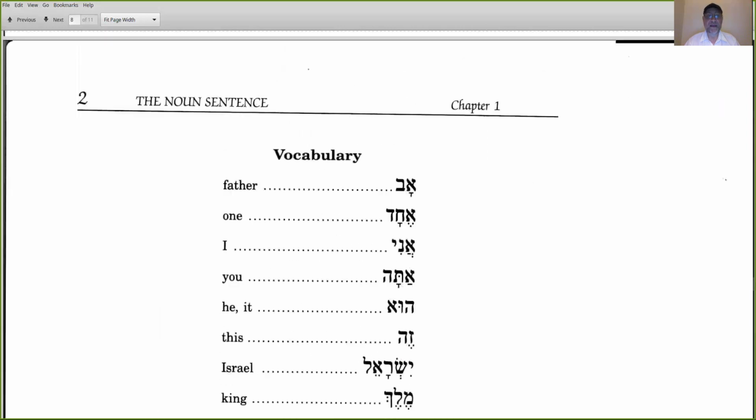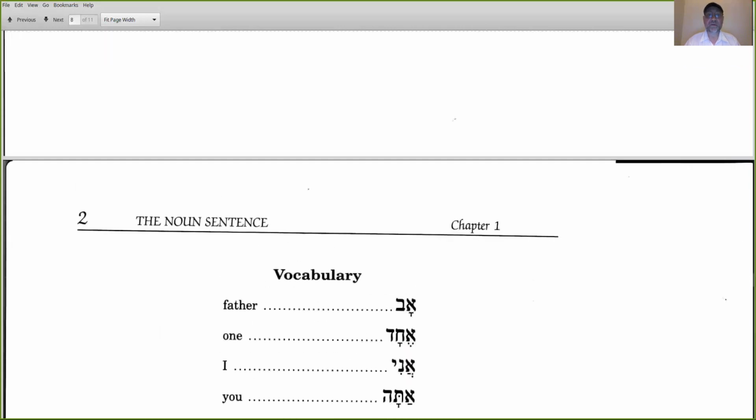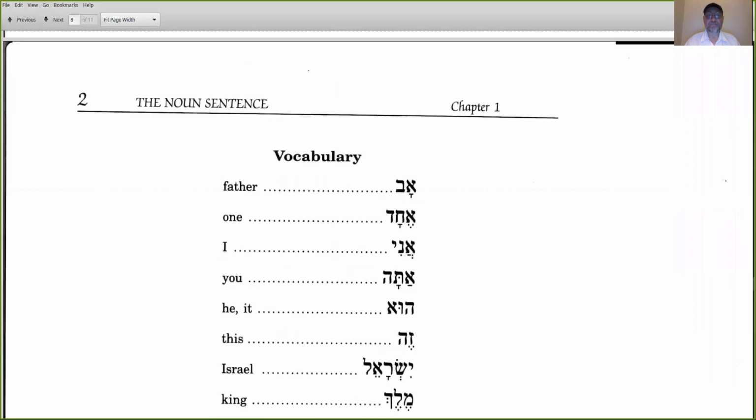Okay, so let's look at page 2. In our vocabulary, we have Av for father.